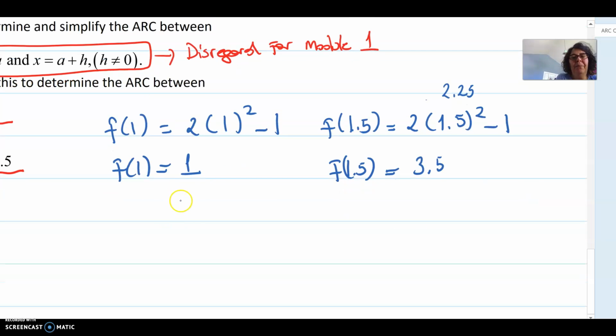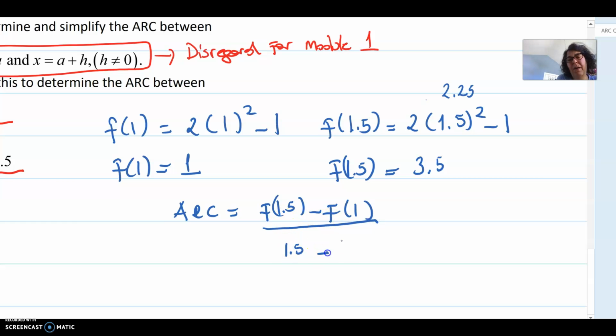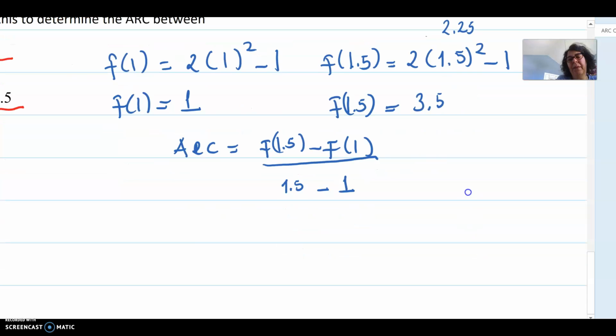Okay, so then average rate of change will be f of 1.5 minus f of 1. Now I need to write down the x first. 1.5 minus 1. Then average rate of change will be, f of 1.5 is 3.5 minus 1. Is that right? 2.5.